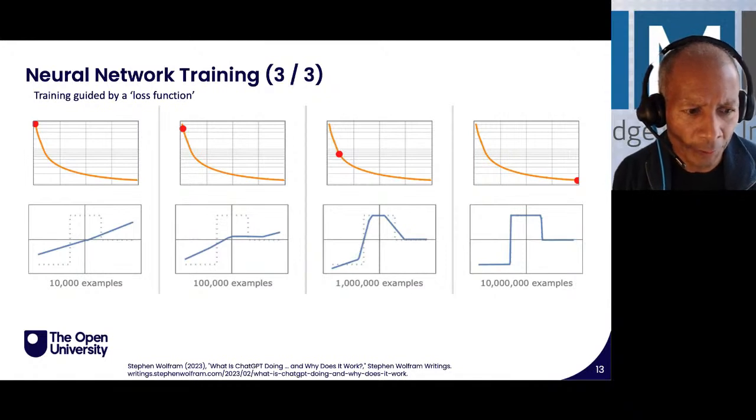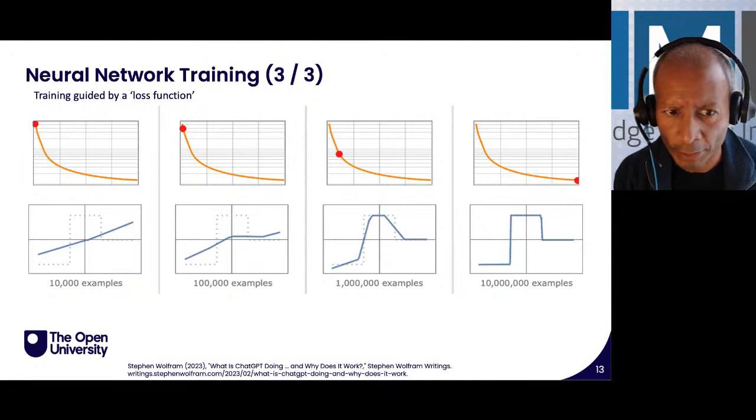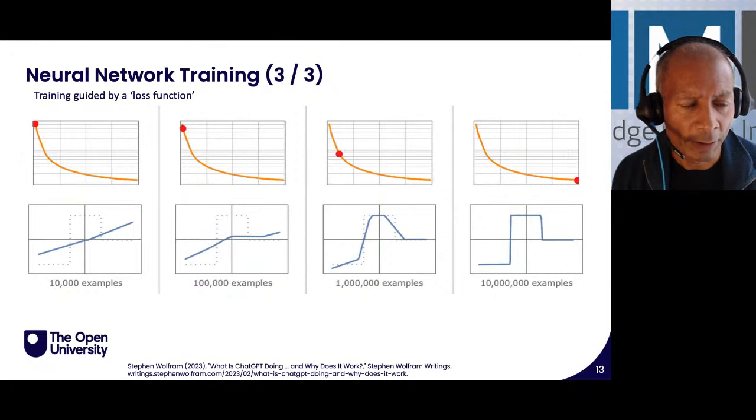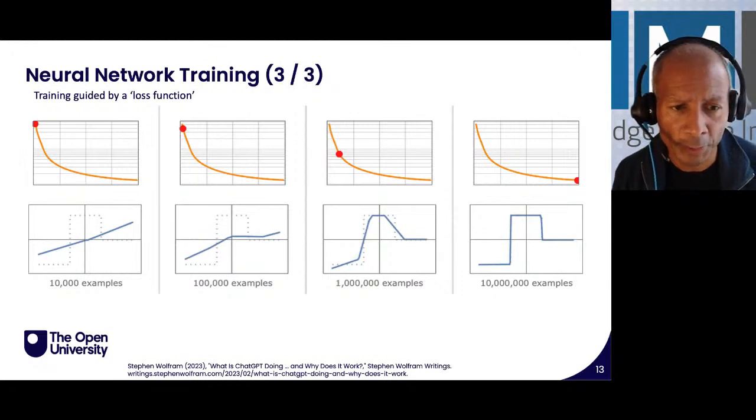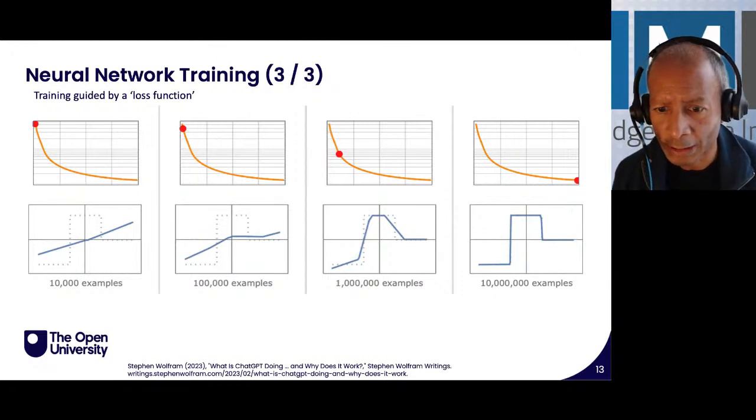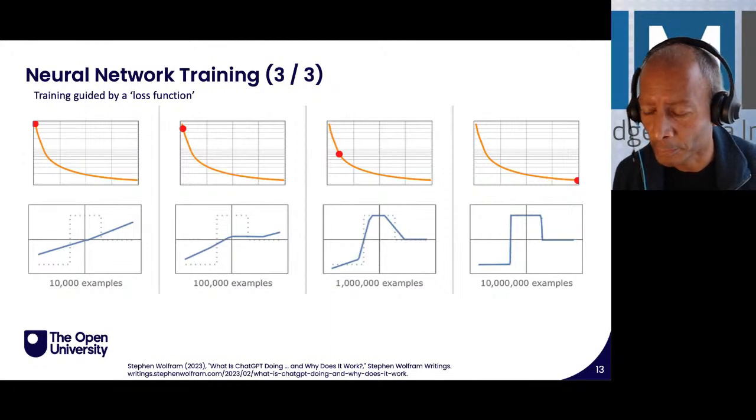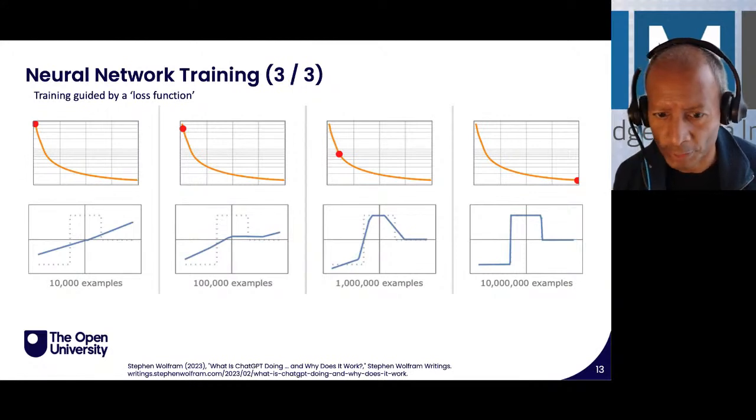At the bottom there are the lines being drawn, and there's a dashed line for the desired outcome, and the loss function describes the difference mathematically. At the beginning the loss, which is the y-axis, is quite large, and as we go along giving more examples using the loss function as a guide, the loss becomes minimal, and at some point we accept the result.